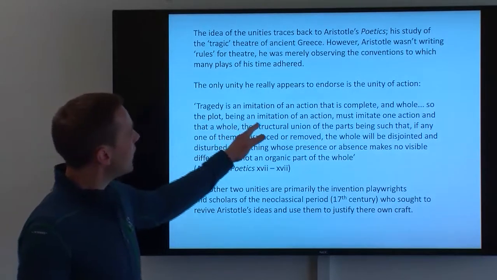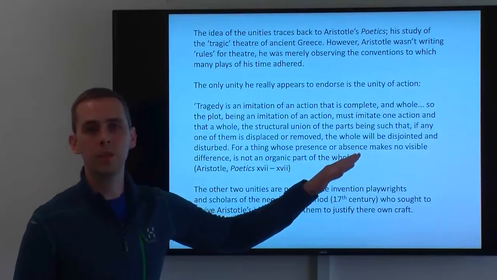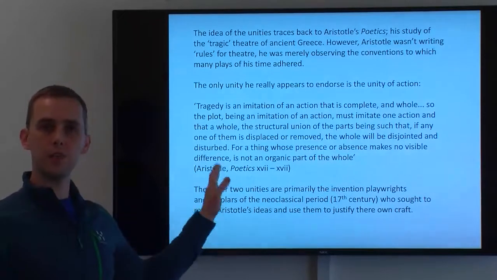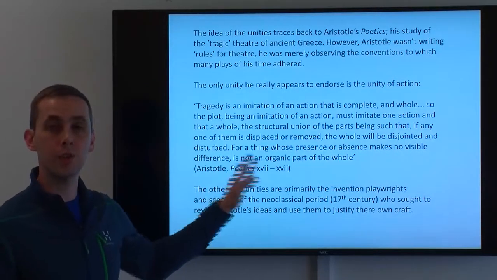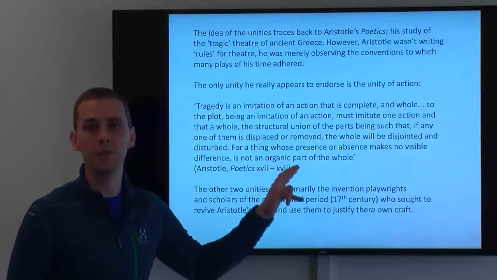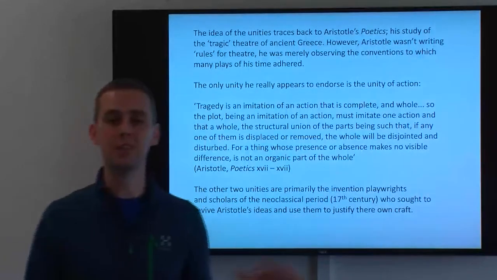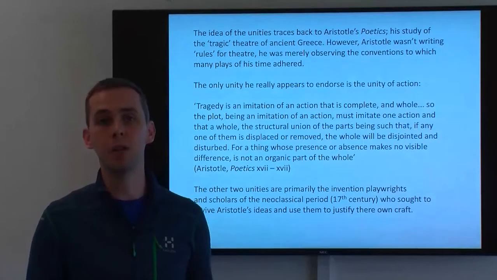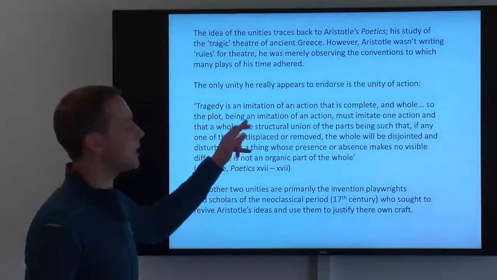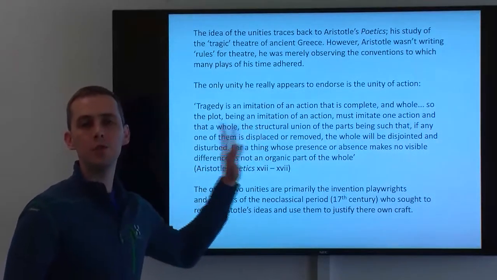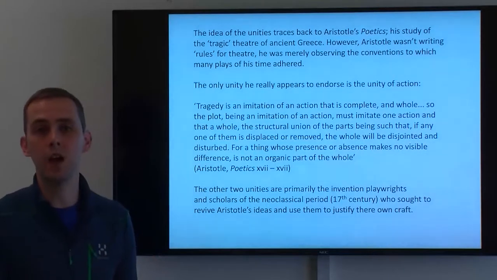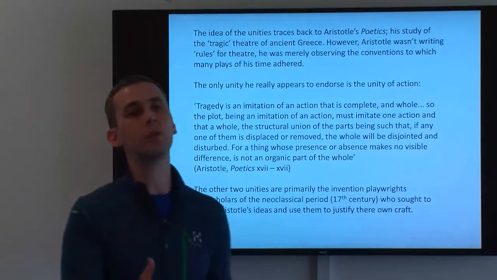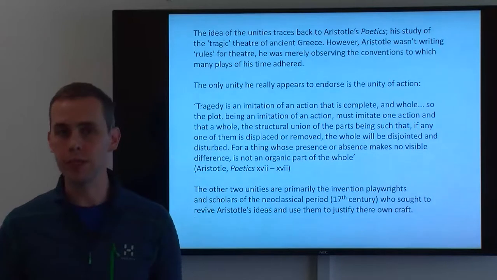So this idea of imitation of an action. Now the ancient Greeks in their drama and in their philosophy were fascinated with this idea of imitation. Their word for it was mimesis, from which we get mimetic or mime, to mime something. Mimesis, imitation. The idea that this drama was imitating real life. And that's a fundamental conceit of naturalism and realism.